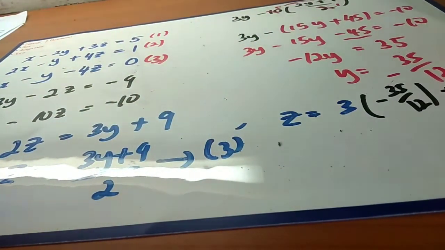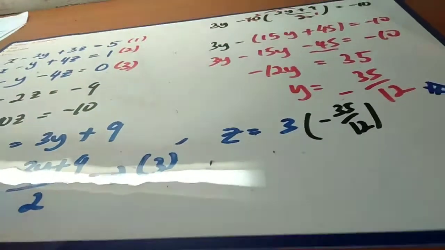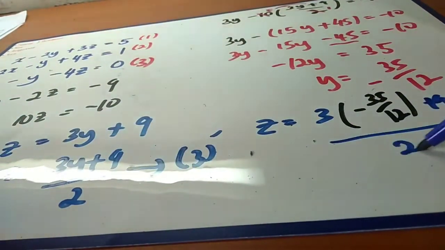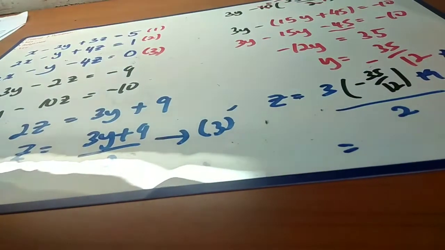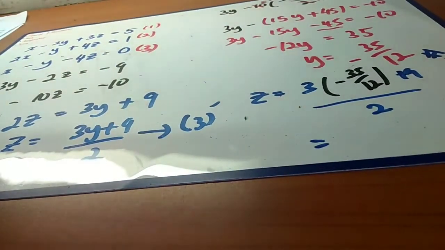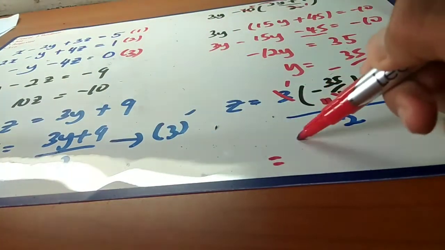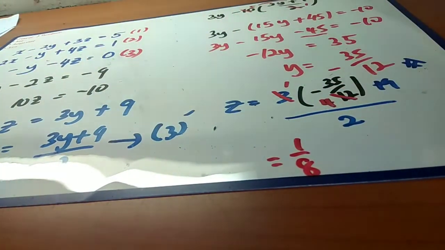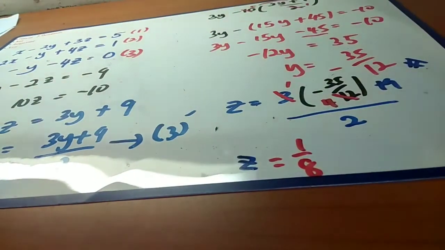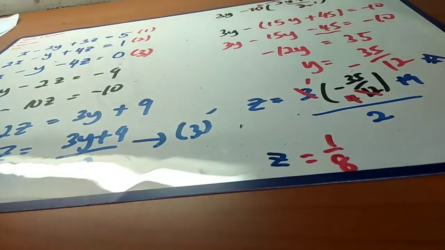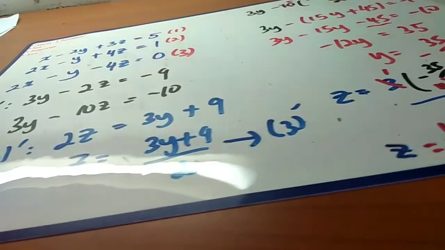Plus 9 over 2. You just press the calculator, or if you prefer, you can use mental arithmetic. So I think this is 1 over 8. So z is 1 over 8, or 0.125. So we need to find the value of x.